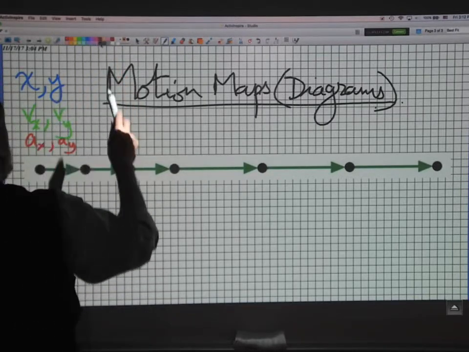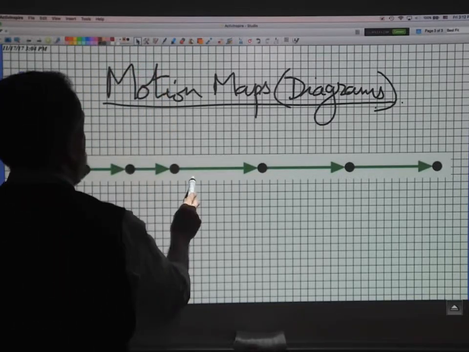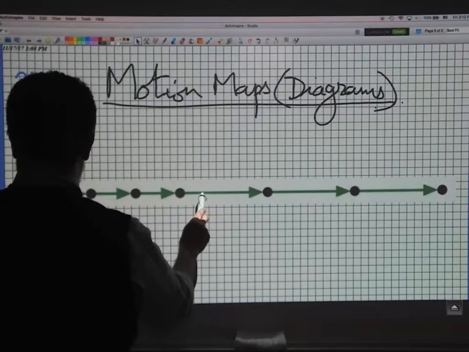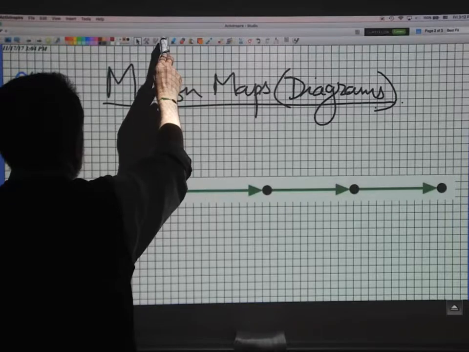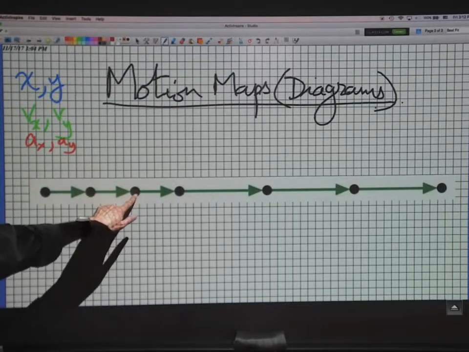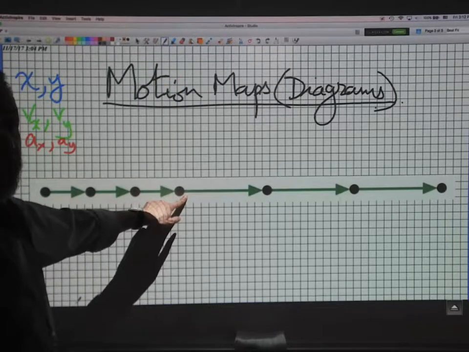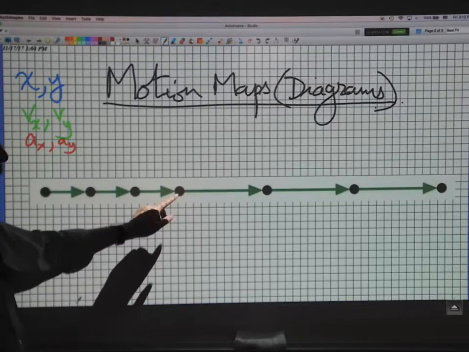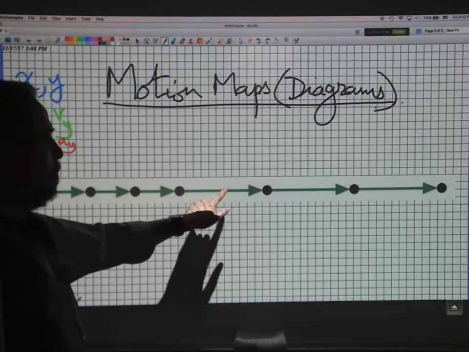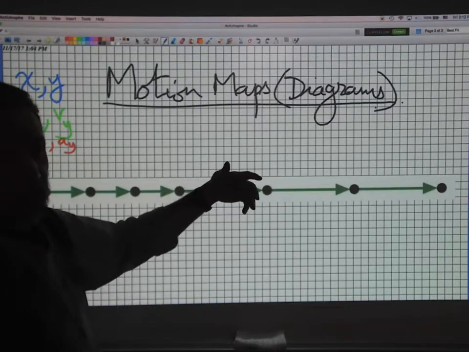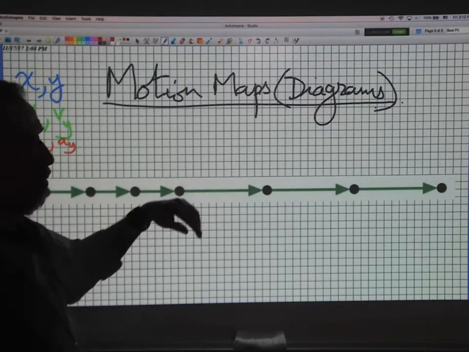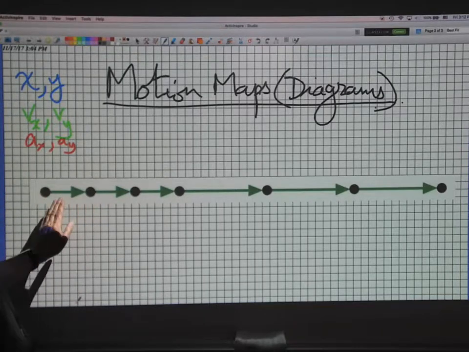The most important feature of motion maps or motion diagrams is the fact that going from dot to dot, you are going equal amounts of time. For example, when you did the constant velocity particle model, the spacing of these was the same, and they were representing 5 frames at a time or 10 frames at a time, depending on how you set yours. This one is also the same thing.